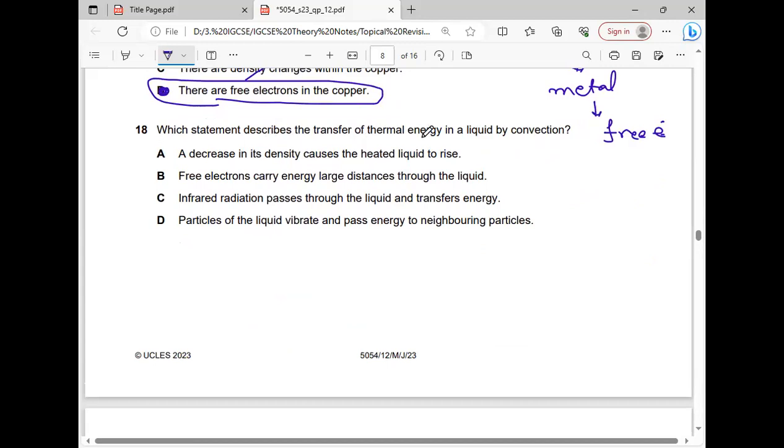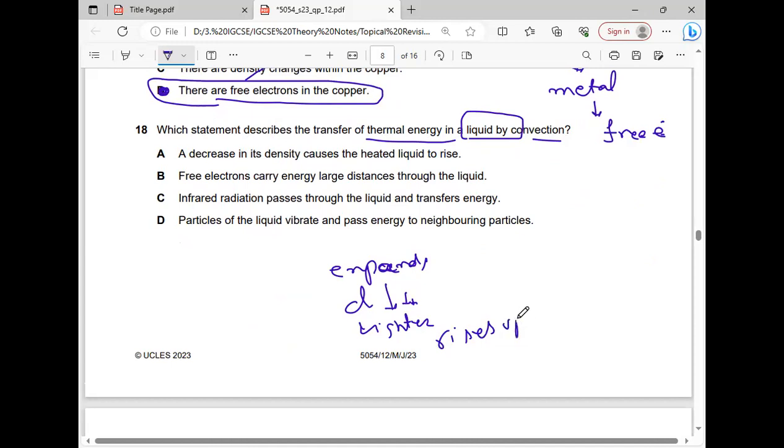Which statement describes the transfer of thermal energy in a liquid by convection? We know what happens in convection: when heat is provided to the liquid, the liquid expands, becomes less dense, lighter, and rises up. So now which option is correct? The density related option will be correct.